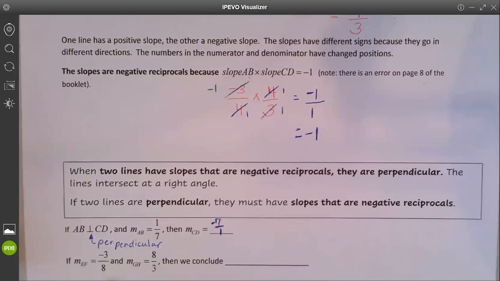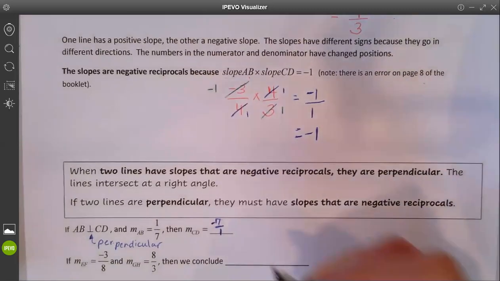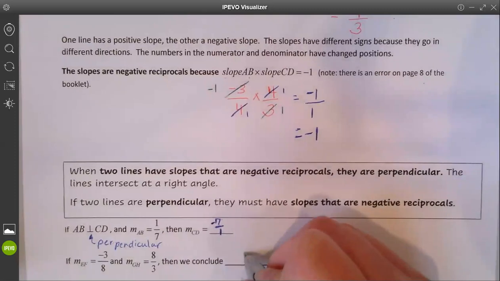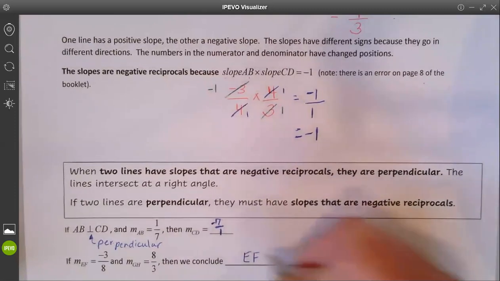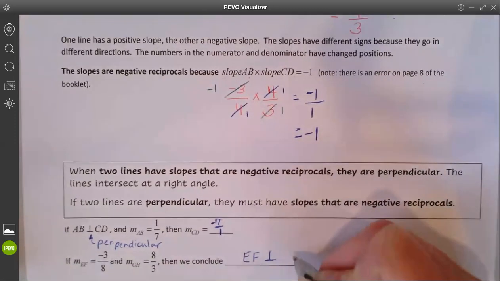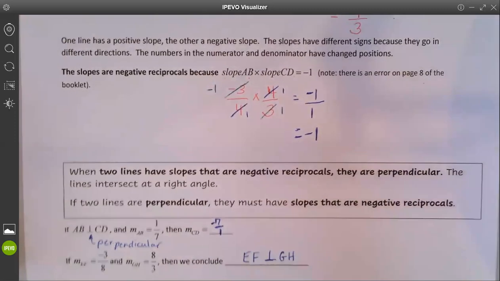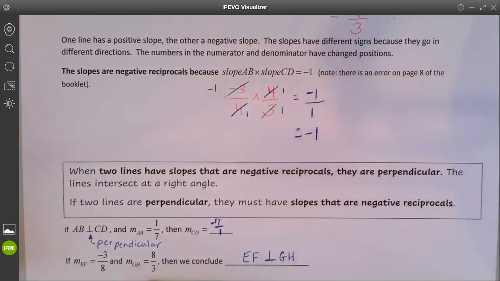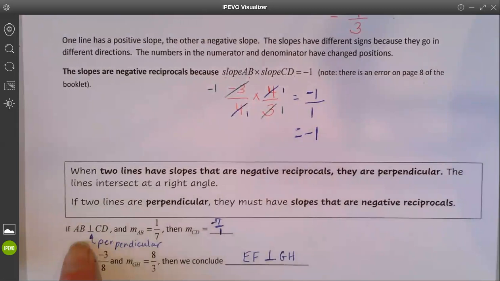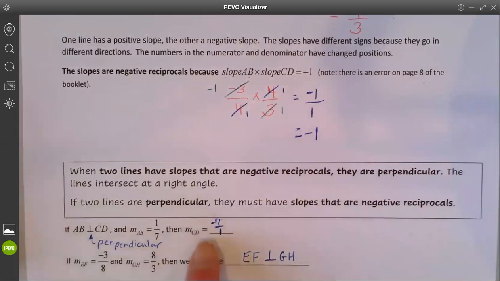That means these two slopes are negative reciprocals. So we conclude that line segment EF is perpendicular to line segment GH. If the slopes are negative reciprocals, the lines must be perpendicular. If we're told that the lines are perpendicular, then the slopes must be negative reciprocals.